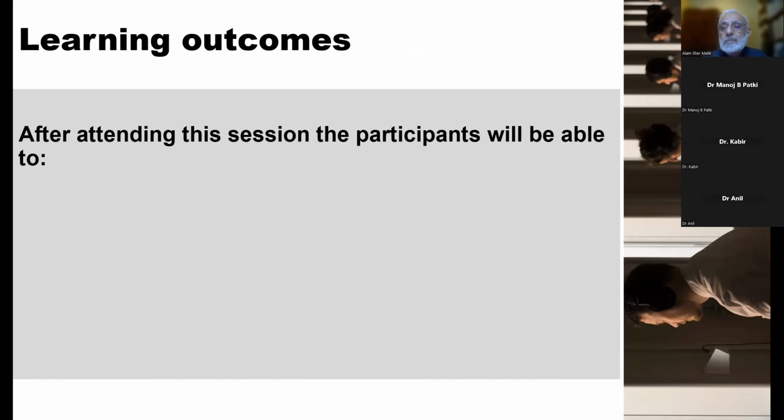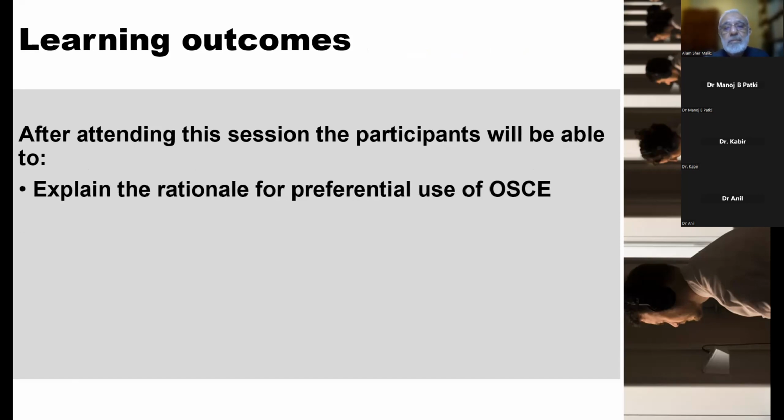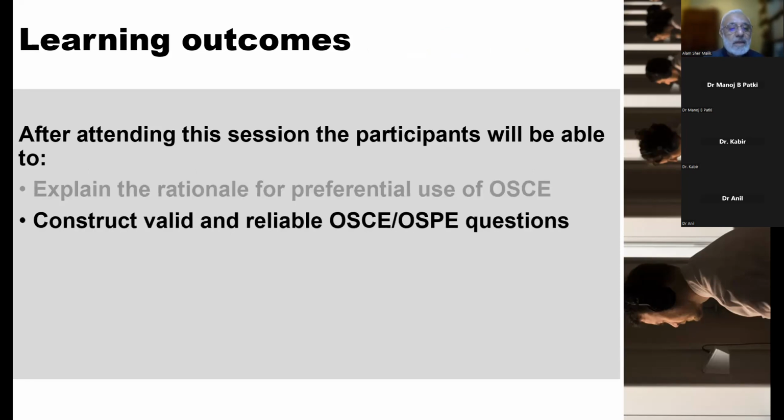The learning outcomes that we wish to achieve from this workshop. First is that the participants will be able to explain the rationale for preferential use of OSCE. I think that's important. We should know the reason, the real background. Why is it that we want to use OSCE? And then the second is to construct valid and reliable questions.